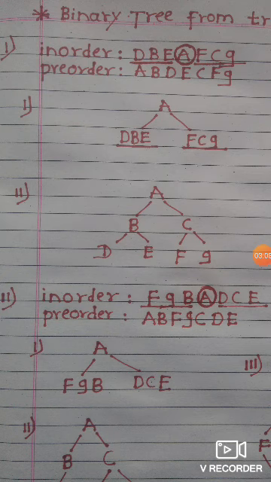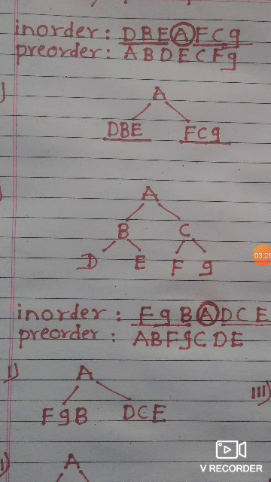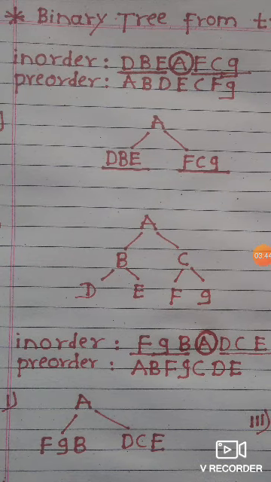Out of D B E in the pre-order sequence, B appears first, so left of A becomes B. As I make B the left of A, again I go to the in-order string and I search for character B. From the in-order sequence, we can say left of B is D, so it is added at the left of B. Right of B is E, so it is added at the right of B.